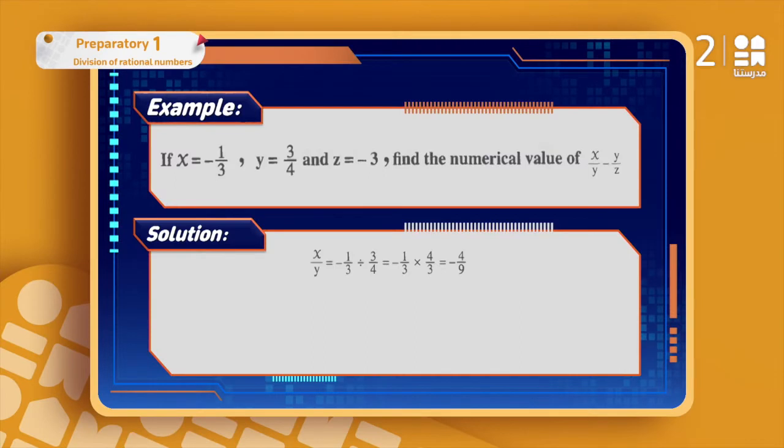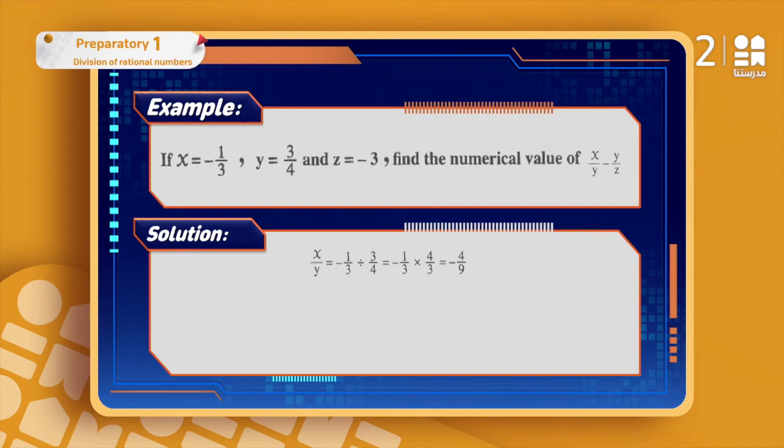So the first step, we will find x over y, which is replacing x with its value, -1 over 3, and dividing it by y, which is 3 over 4. So one more time, x over y means x divided by y. And as we said, we will write the first one as it is, -1 over 3, change the division to multiplication, and flip the second fraction.